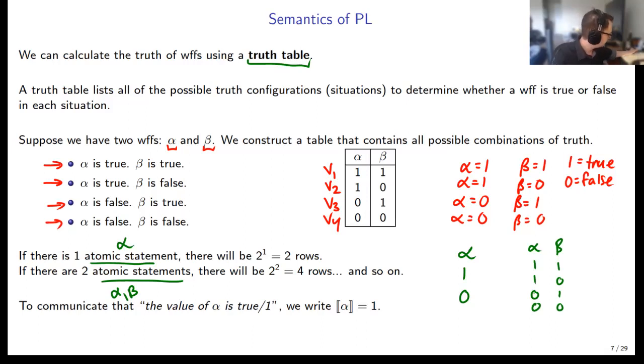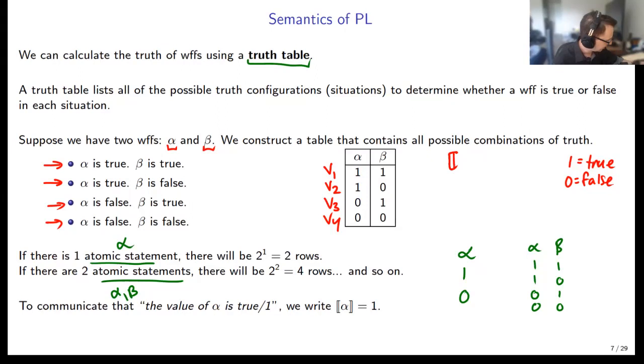There's one little bit of notation too. If we ever want to write that the value of some sentence or a statement is true, we use square brackets. So here I just wrote like alpha equals 1. Really, I should be writing this in square brackets. So I should be rewriting this as, say, the value of alpha is 1, the value of beta is 1. The value of alpha is 1, the value of beta is 0.